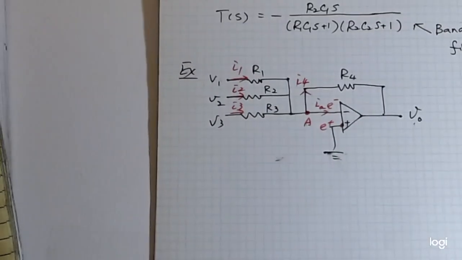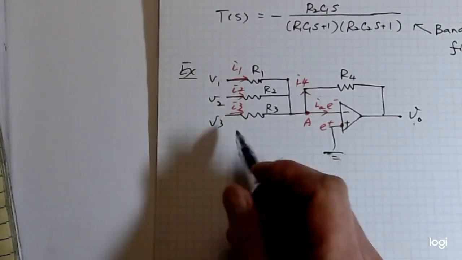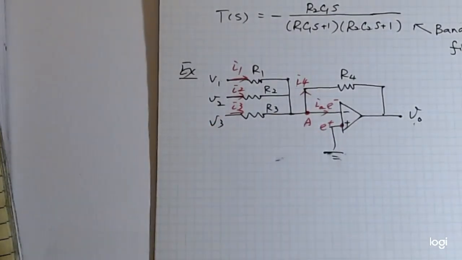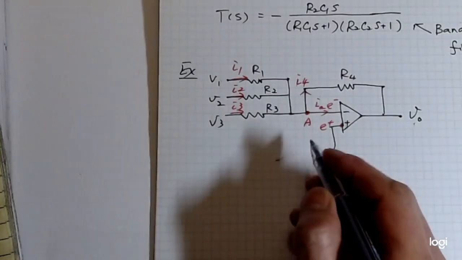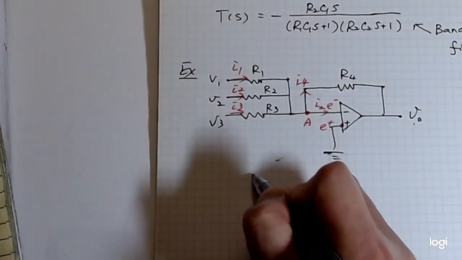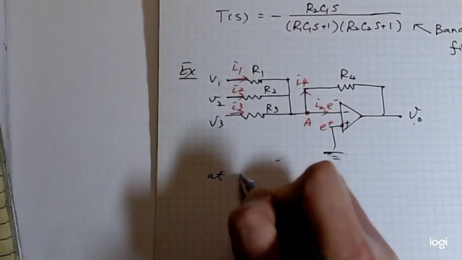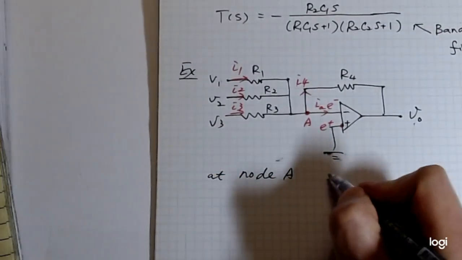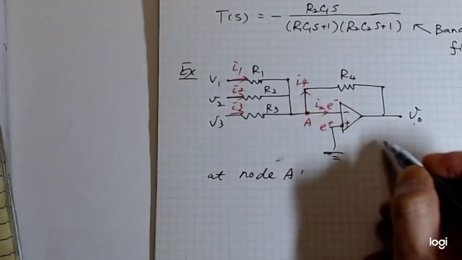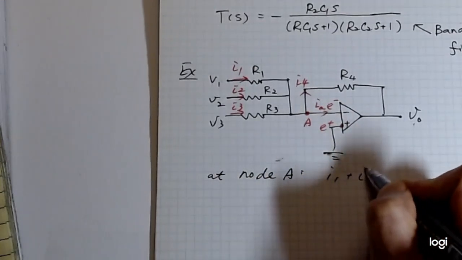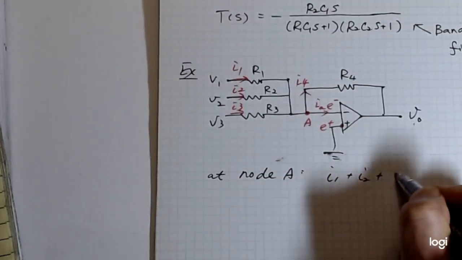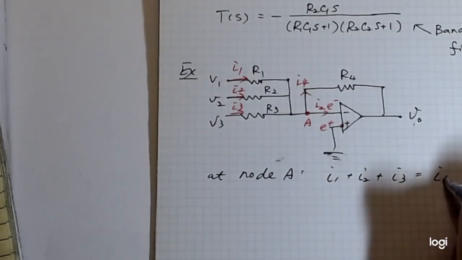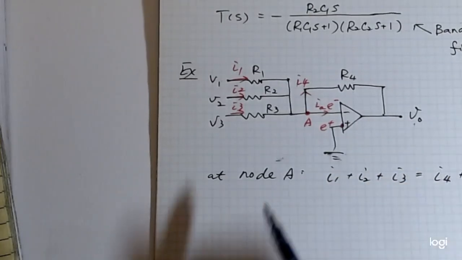One more time, Kirchhoff's current law: current in equals current out. So at node A, I1 plus I2 plus I3 equals I4 plus IA.